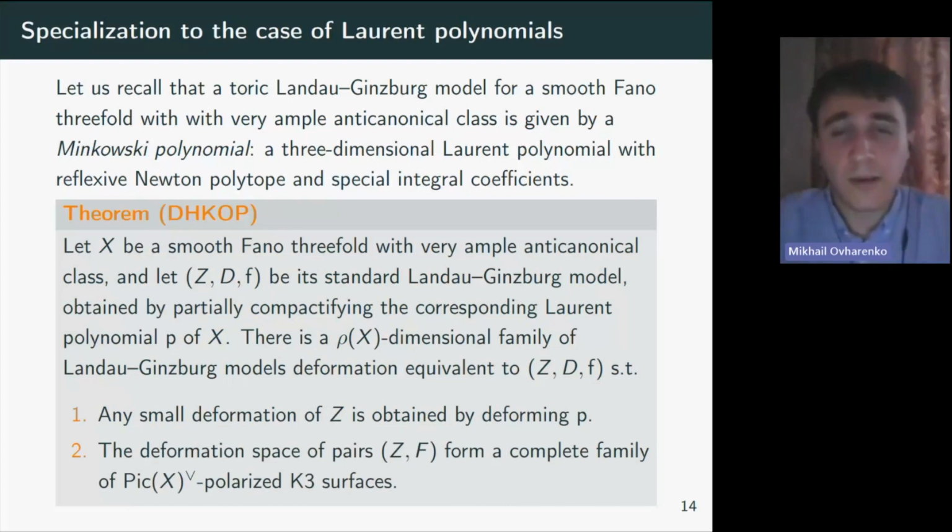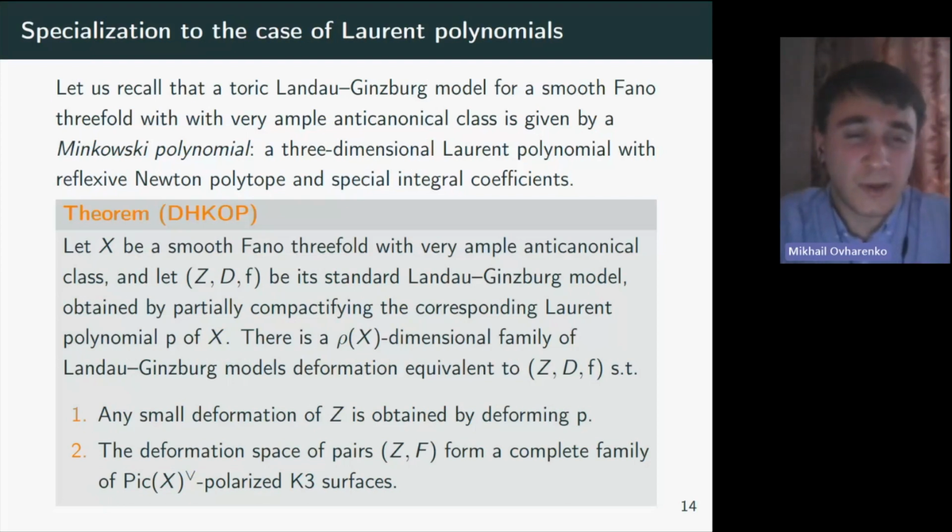And secondly, that the deformation space of pairs of the total space of compactified Landau-Ginzburg models and its general fiber should form a complete family of Pic-check polarized K3 surfaces.